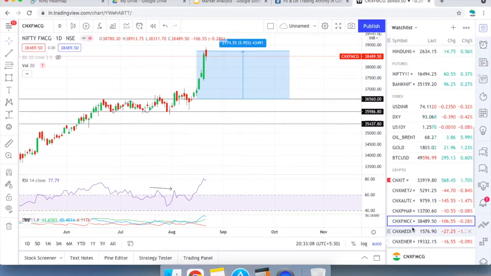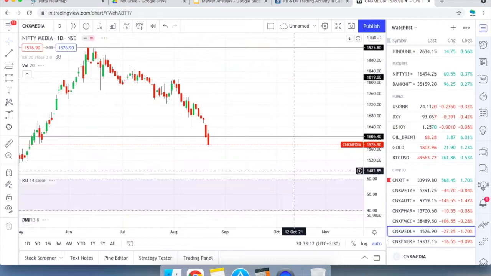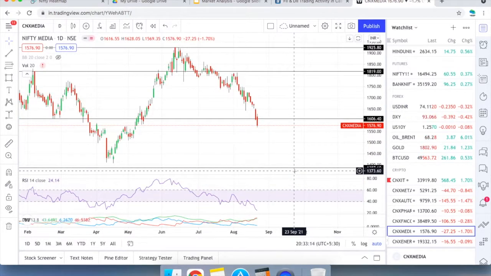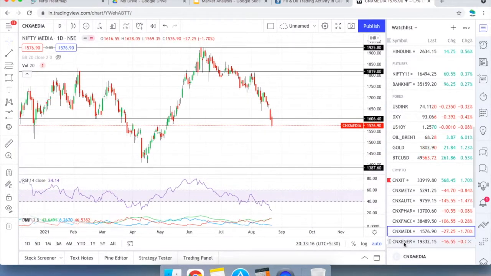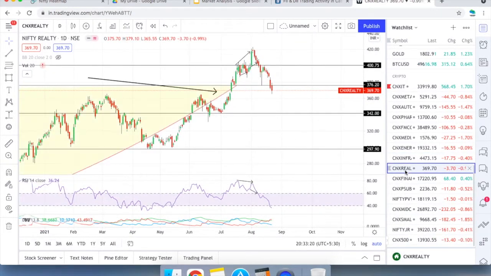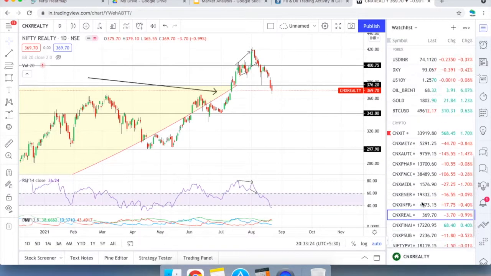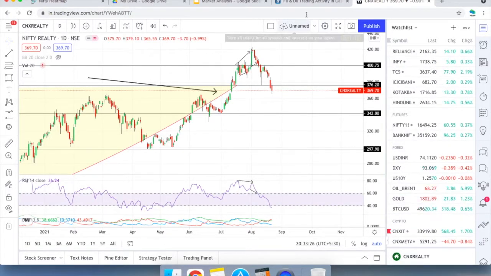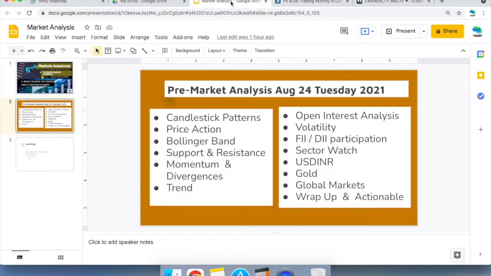So IT and FMCG continue to be bullish, just like last Friday. And the rest have all turned bearish, right? Only IT and FMCG, both defensive sectors. And that's the sectors in the sectoral watch.